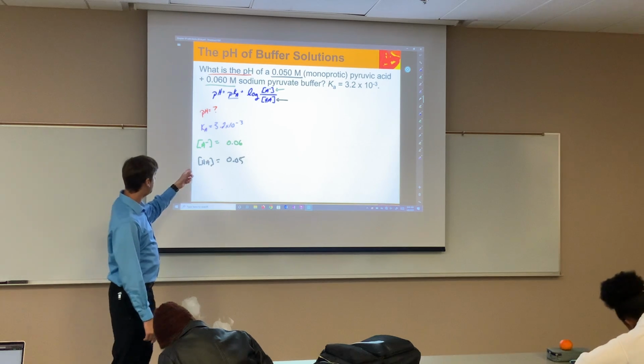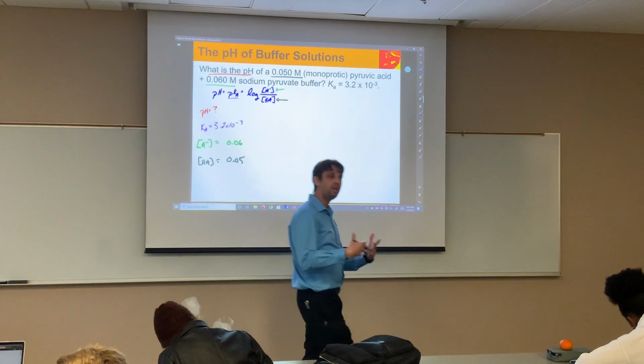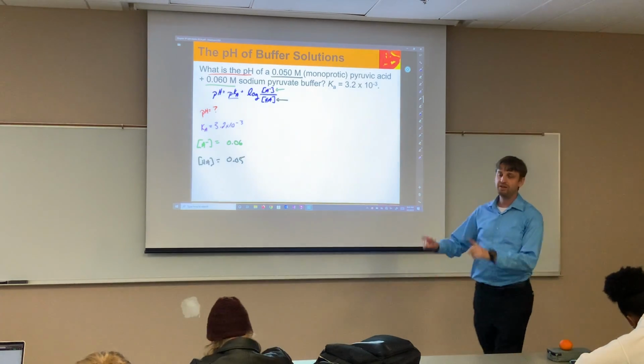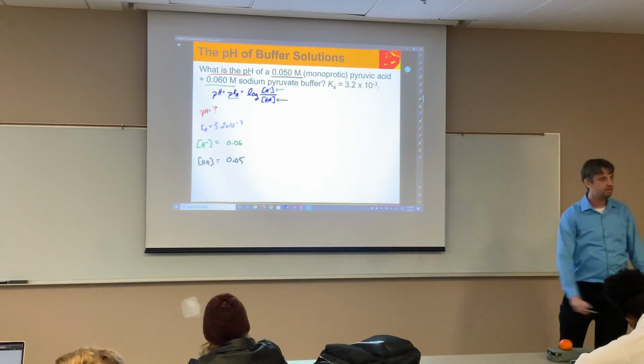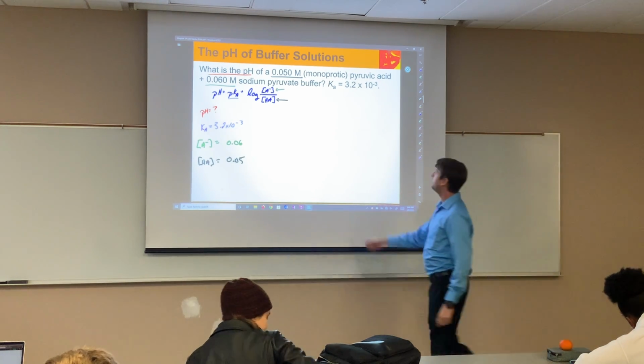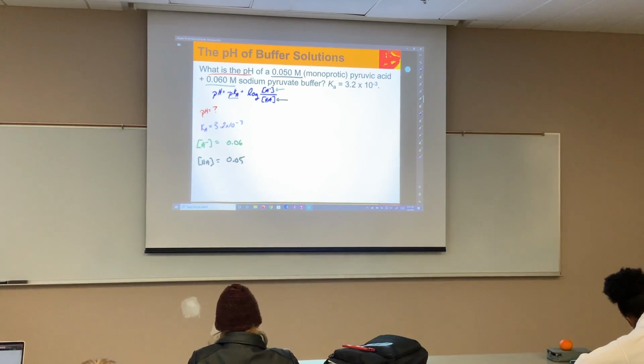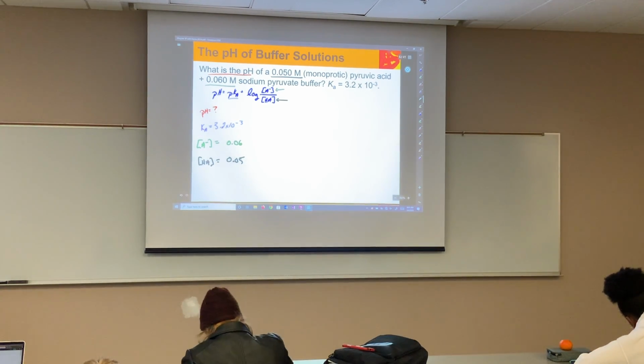How much information are you given? Three. What's the only thing we have to do first? We're given information about Ka, but we need the pKa. So don't forget, we're given information about Ka, so take your negative log of that when you set this all up.